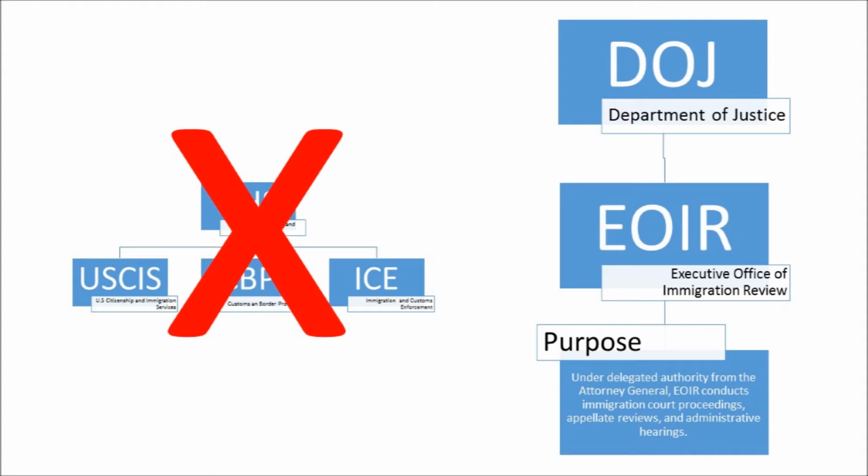So what you have to do is you have to go straight to the Department of Justice. Now, the reason you have to do this is because your removal proceedings has already been assigned to a judge. So you're going to want to find that judge through the Department of Justice. And then under the Department of Justice is the Executive Office of Immigration Review. That's who your judge works for. And these are the people who look at the cases and they review the proceedings and they make the final decision at the hearings.